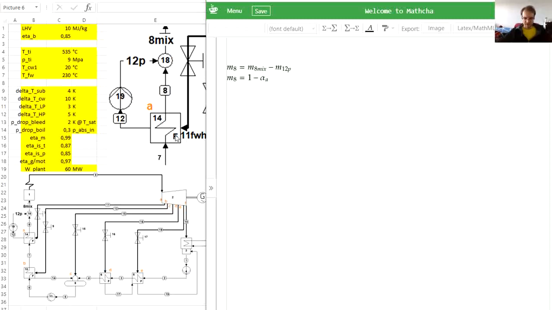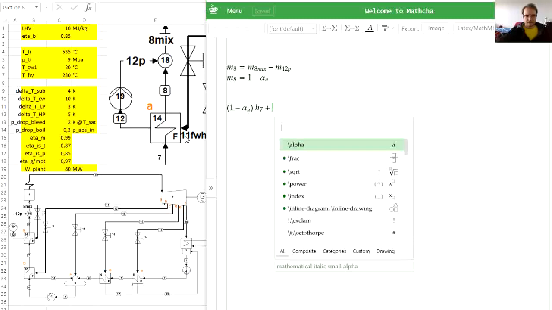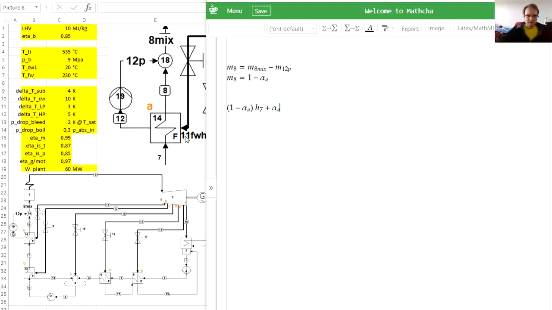So now for our feed water heater. The inlets are at point number 7, where the mass flow rate is the same as at point number 8, so 1 minus alpha A times H7, plus the other inlet, which is our feed water heater heating steam, bleeding steam from the turbine, so it's alpha A times enthalpy H11 feed water heater.